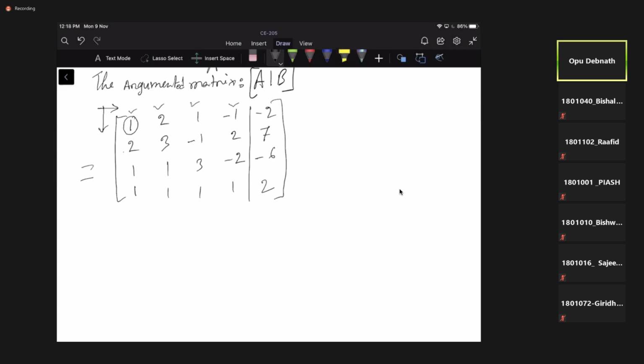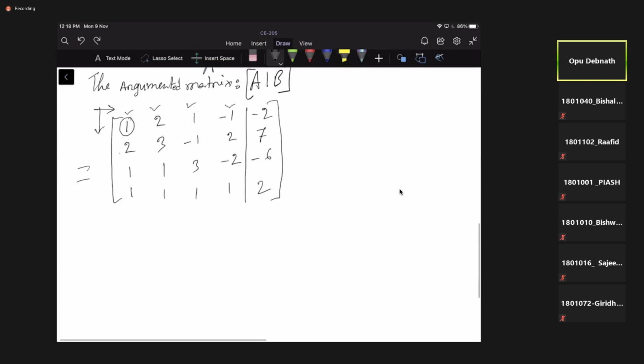In the second column we need to keep this element and the remaining will be 0. Similarly in the third column we need this third element as identity and the remaining will be 0. We will follow in this way. Let's start.